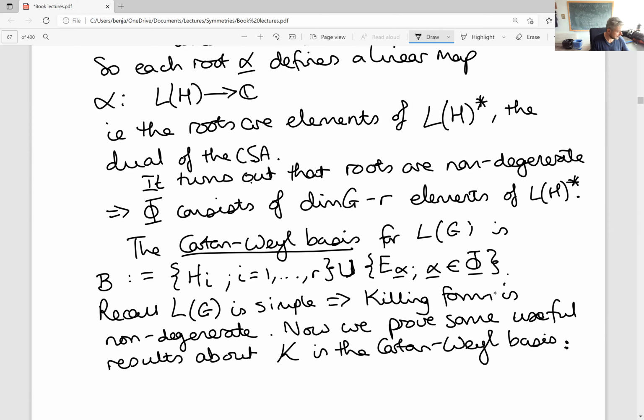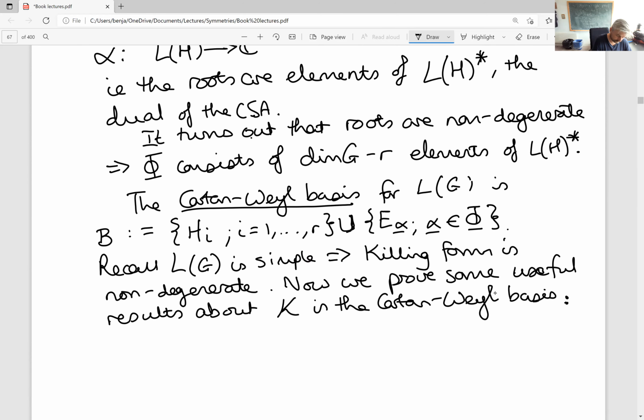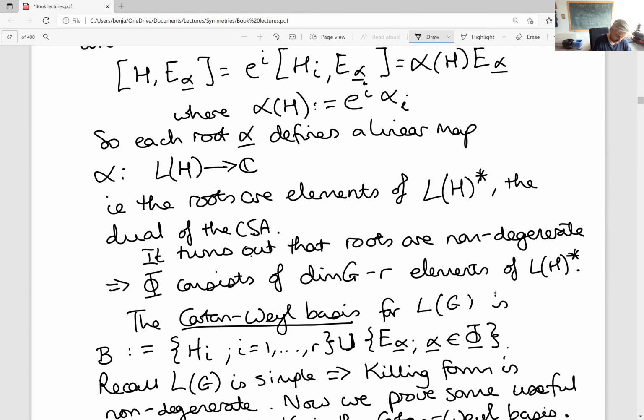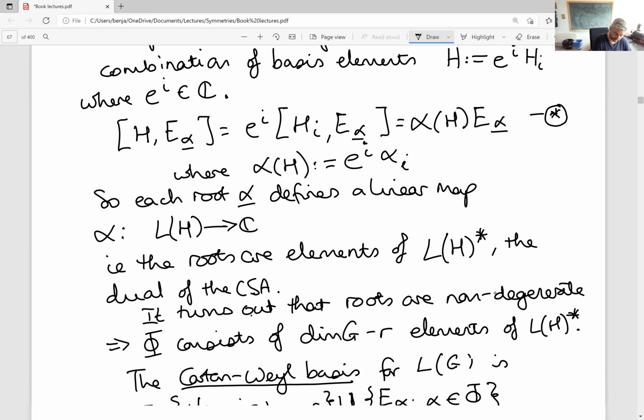So we're going to have 4 results, and we will do the proofs. We're going to need this equation here, so let me just call this equation star during this lecture.